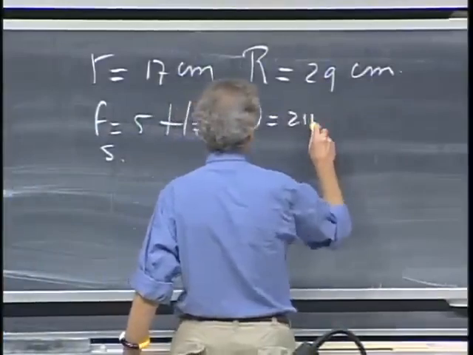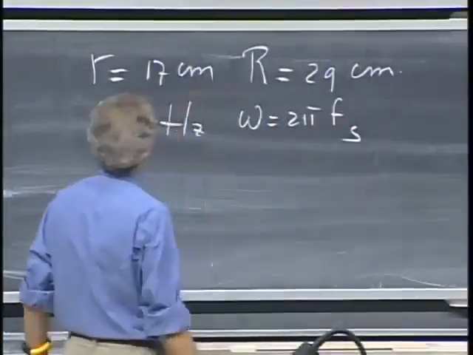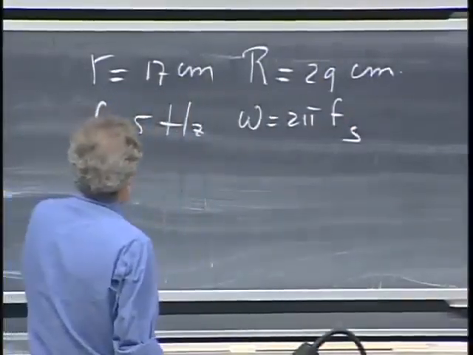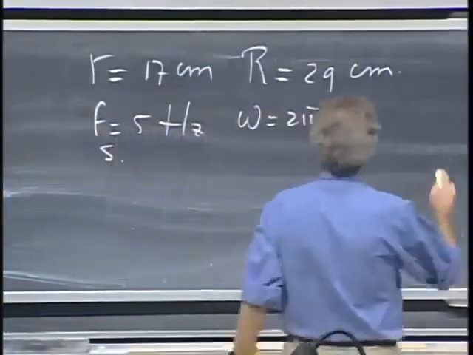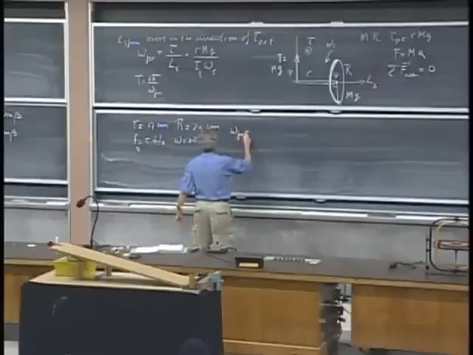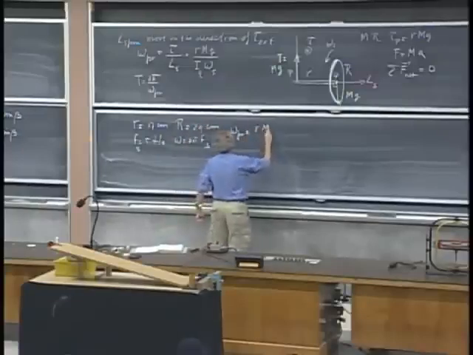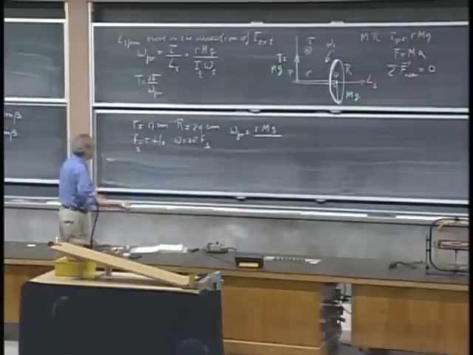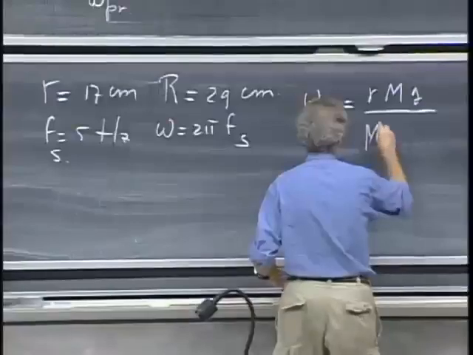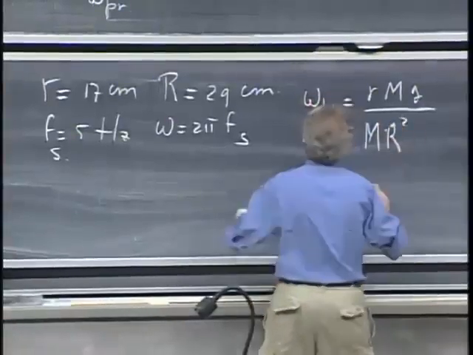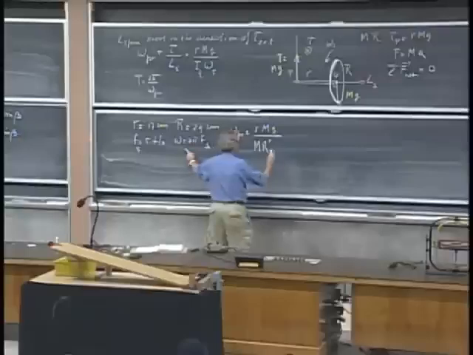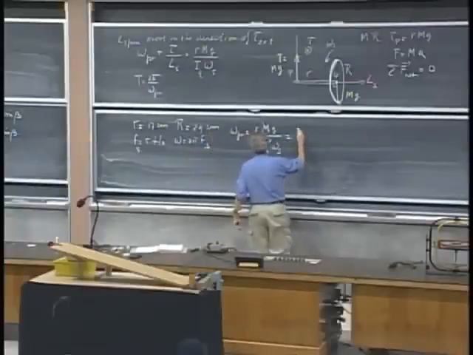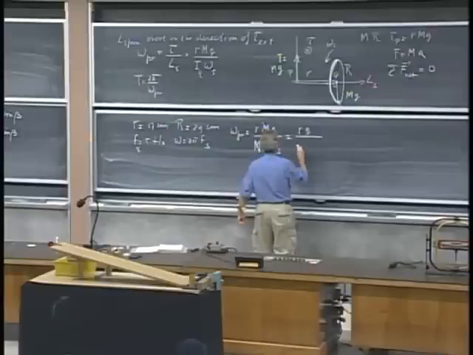Omega equals 2 pi times the spin frequency. And so I know now, I can substitute that in there. So I get that omega precession now equals Rmg divided by the moment of inertia. I assume that all the mass is at the circumference. It's an approximation, so we get mr squared, and then we get omega s, which we have here. We lose the m, and so we get Rg divided by omega s times r squared.